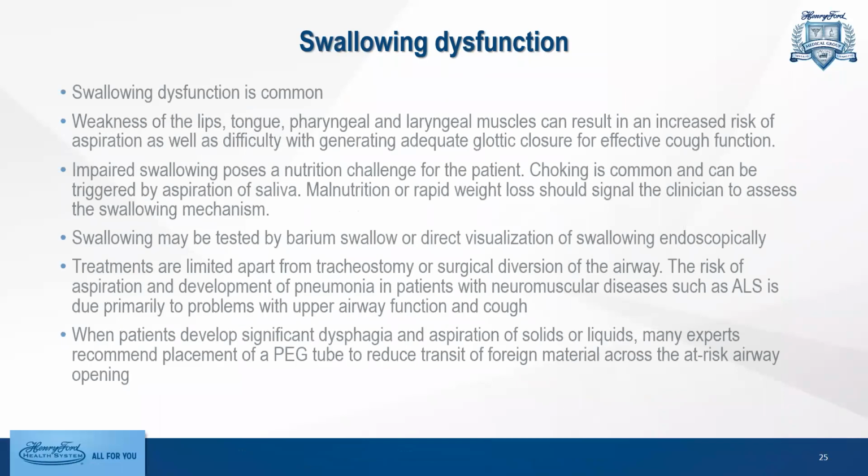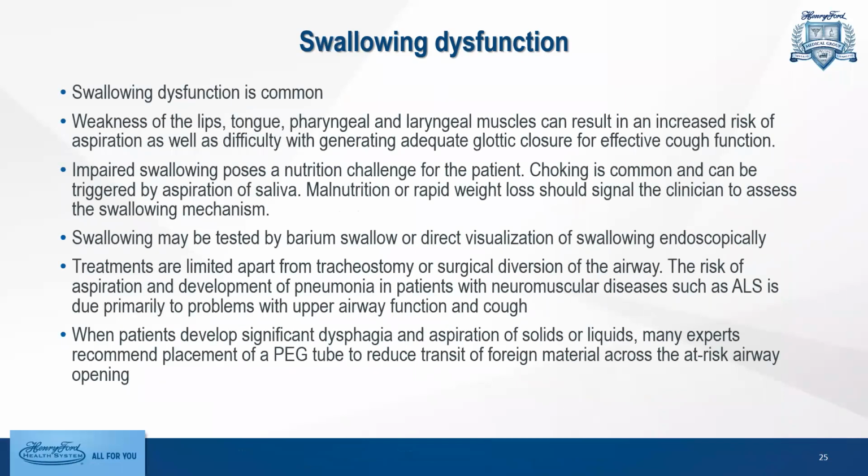Now, swallowing dysfunction is very common, especially if you have patients with bulbar muscle dysfunction. Weakness of the lips, tongue, and pharyngeal and laryngeal muscles can increase the risk of aspiration, and you cannot generate adequate glottic closure for cough to clear those aspirated secretions. The most important thing is that it poses a nutrition challenge because choking can be common.